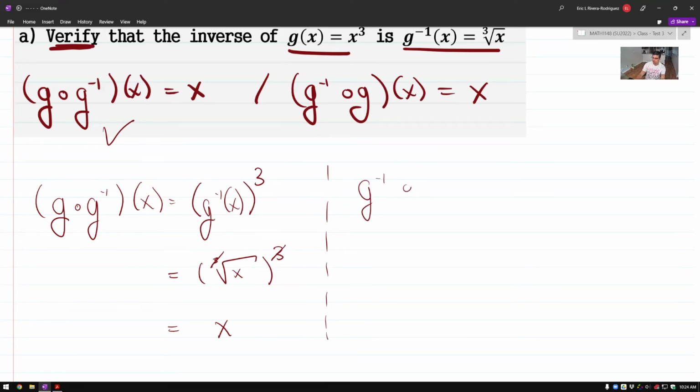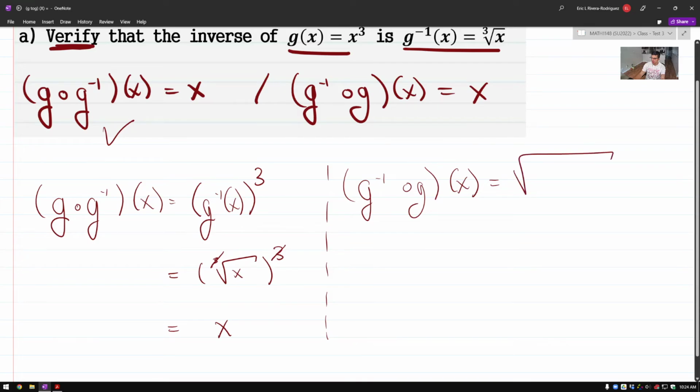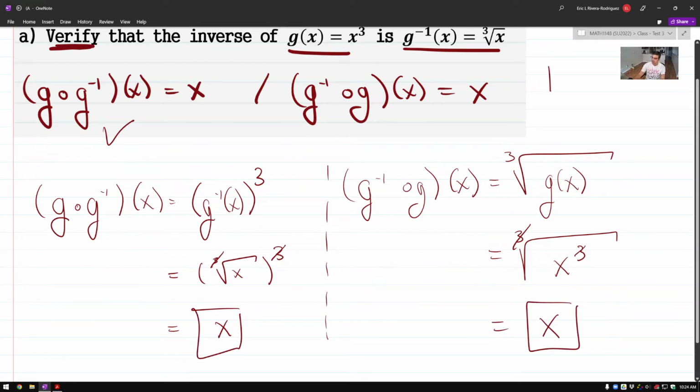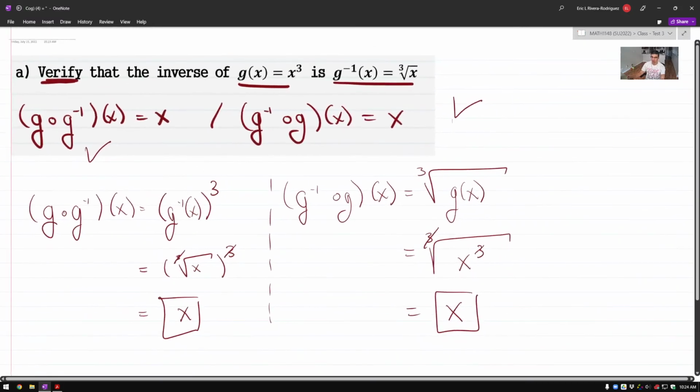Now let's do this direction. g inverse composed with g. So we start by replacing x with g of x. Then we get x cubed here, and these two cancel as well, and we get x in both directions. Then they are inverse to each other.